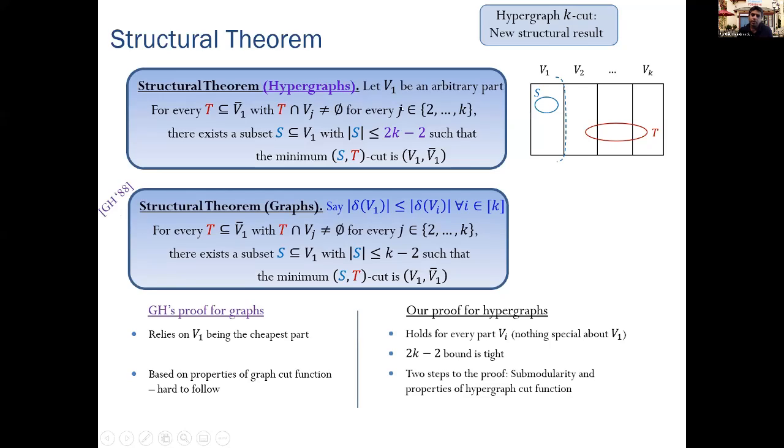Whereas our structural theorem does not have this assumption, and in a sense, we had to prove this more general structural theorem to be able to solve the hypergraph k-cut problem. So our structural theorem holds for an arbitrary part. There is nothing special about V1. But since our structural theorem aims to recover an arbitrary part of the optimum k partition, the bound on the size of S that we get is weaker than the one in Goldschmidt and Hochbaum's structural theorem. And our bound of 2k minus 2 is in fact tight for our structural theorem.